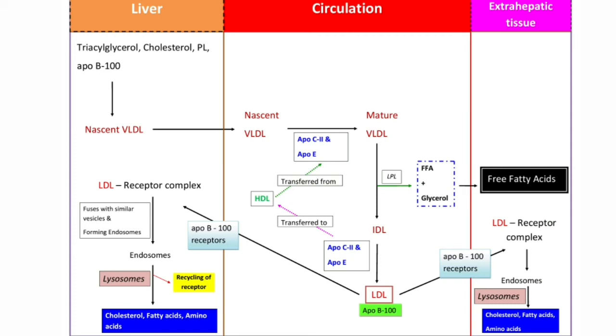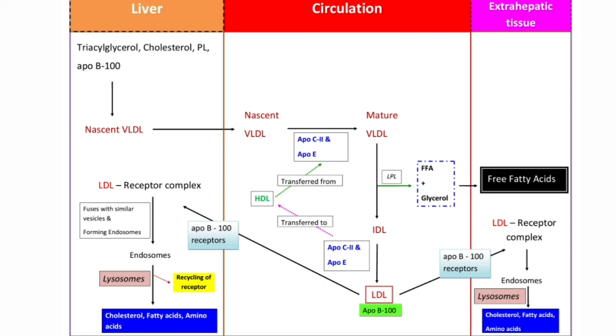IDL can also be taken up by cells through receptor mediated endocytosis that uses ApoE as the ligand. But most of the IDL is transformed into LDL, that is low density lipoprotein. During this transformation of IDL to LDL, ApoE and ApoC2 are returned to the HDL.